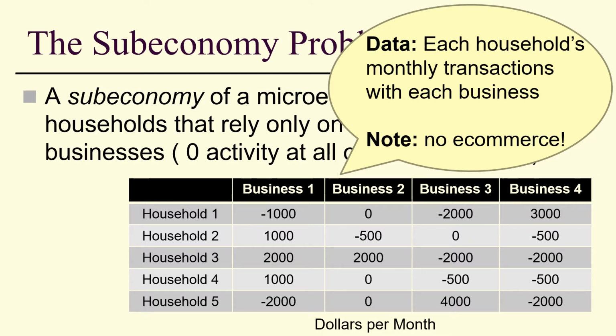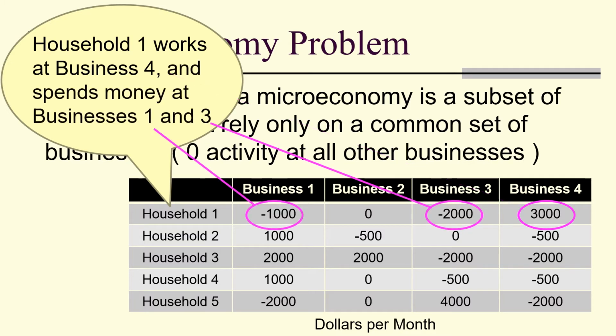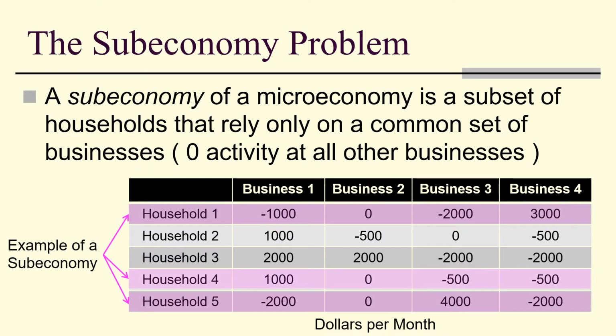Nobody's buying anything online in this example. Notice household 1 works at business 4. They earn their money at business 4 and they spend it at businesses 1 and 3. And so we see an example of a subeconomy with households 1, 4, and 5. So these are households that frequent a common set of businesses.